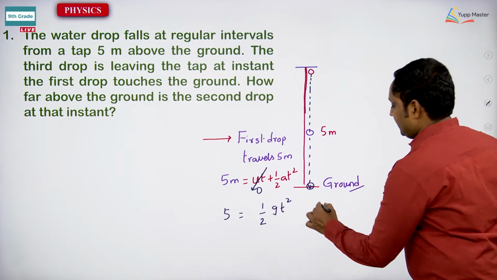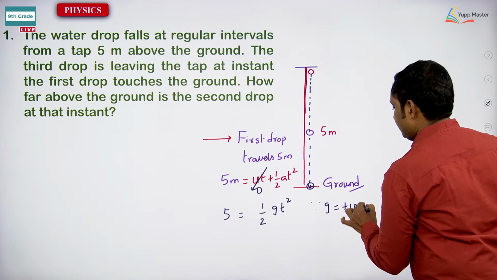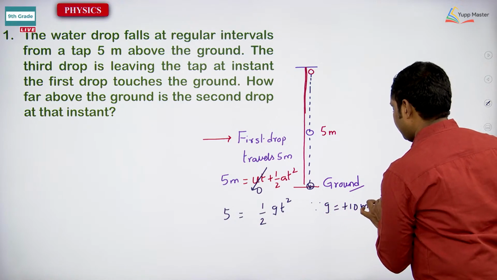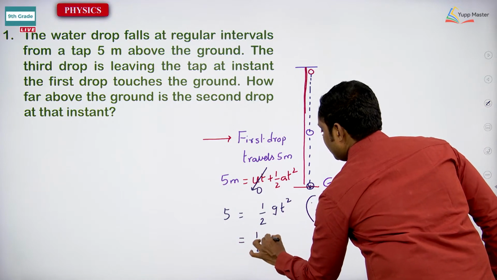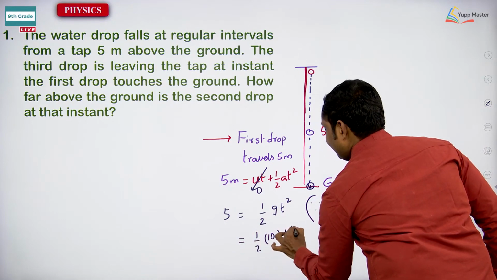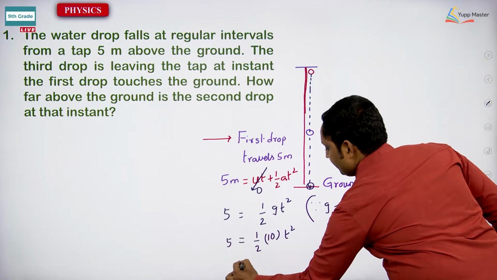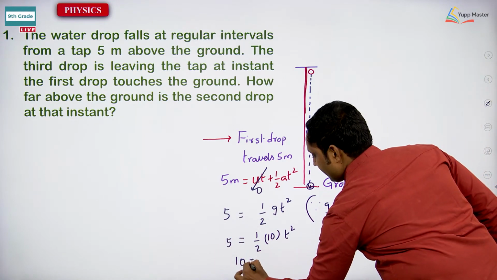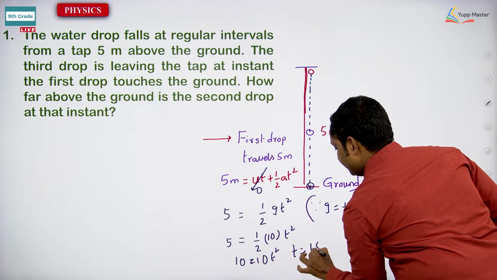Let us take g equal to plus 10 meter per second square, it is very clear. Therefore 5 equals 1 by 2 into 10 into t square, so you will get t square equal to 1, and t is equal to 1 second.